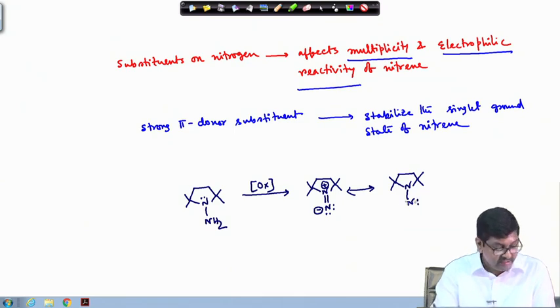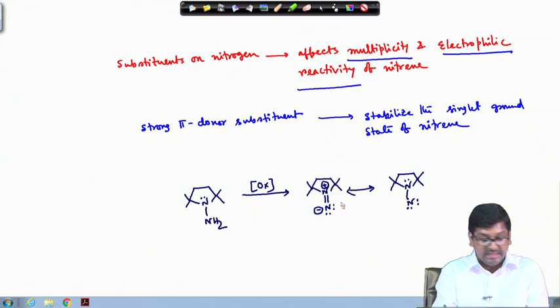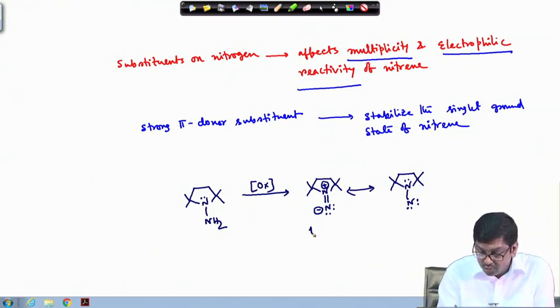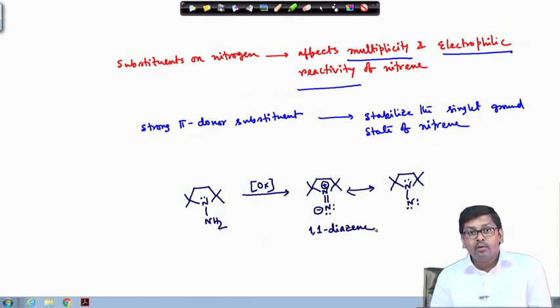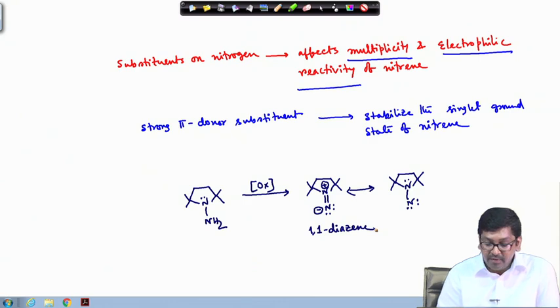So, initially this nitrene will generate, okay, and this could be in resonance with this species, that is called 1,1-diazine. Okay. So, this is the 1,1-diazine that will be formed and it is stable in solution at low temperature.